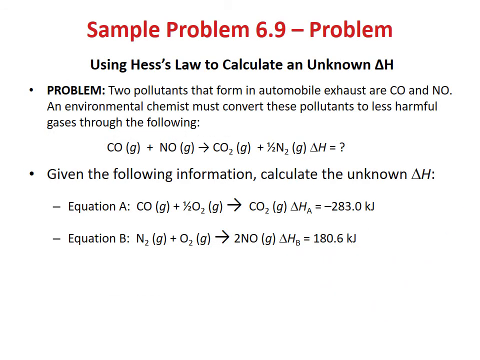Sample problem 6.9. Two pollutants that form in automobile exhaust are carbon monoxide and nitrogen monoxide. An environmental chemist must convert these pollutants to less harmful gases through the following reaction: carbon monoxide and nitrogen monoxide react to form carbon dioxide and nitrogen gas.